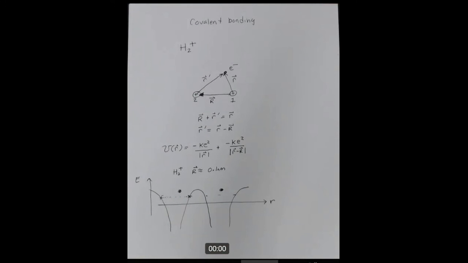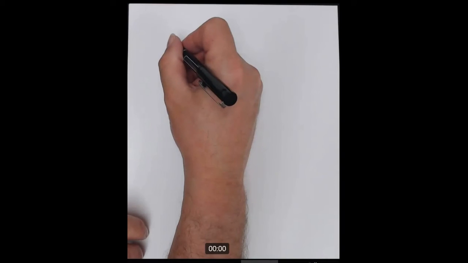Now let's talk briefly about the wave function for this electron that's involved in the covalent bonding here. One way to treat this, and the way we usually treat this, is as a time-independent mixture of atomic-like wave functions.